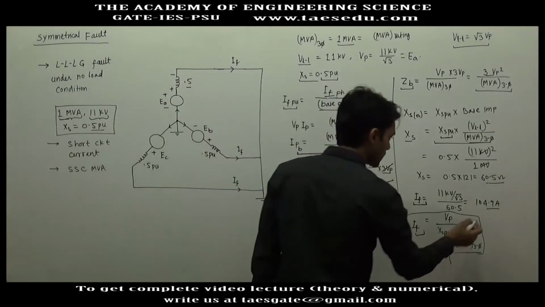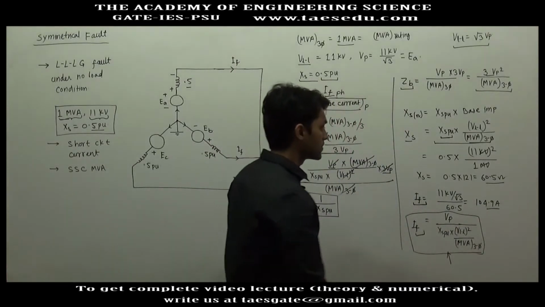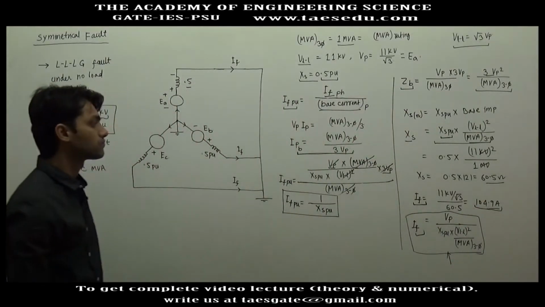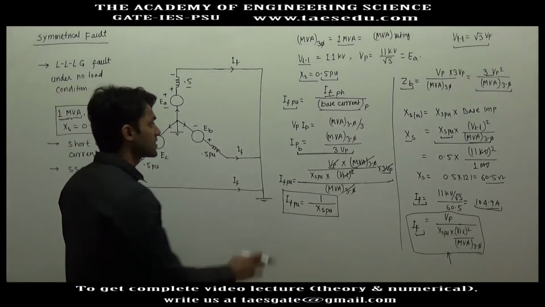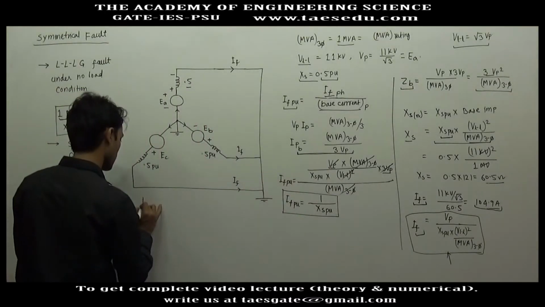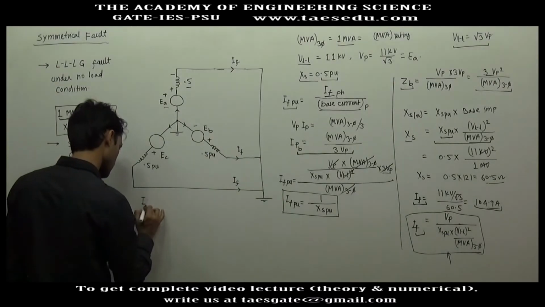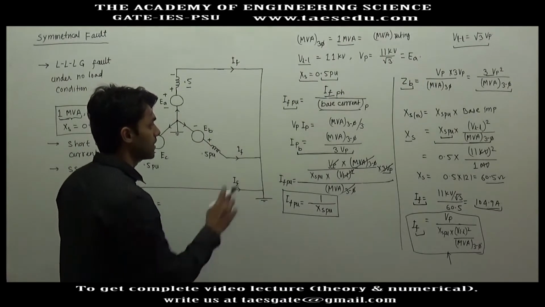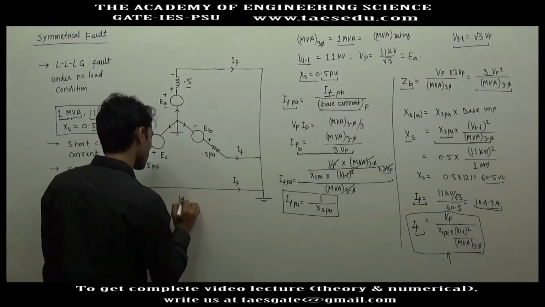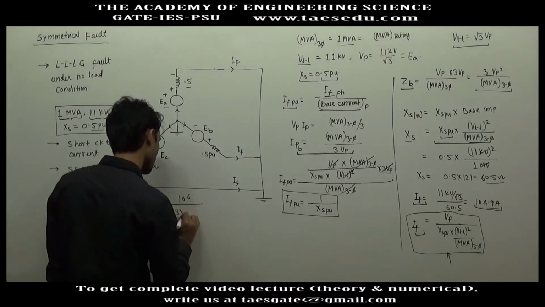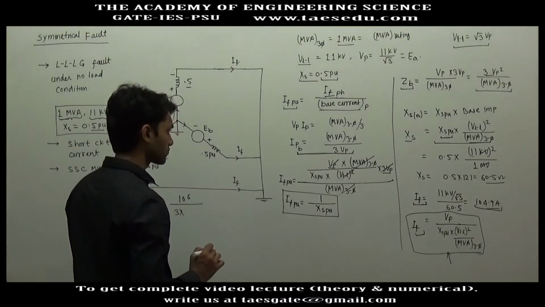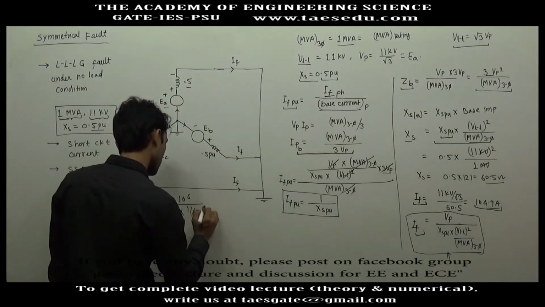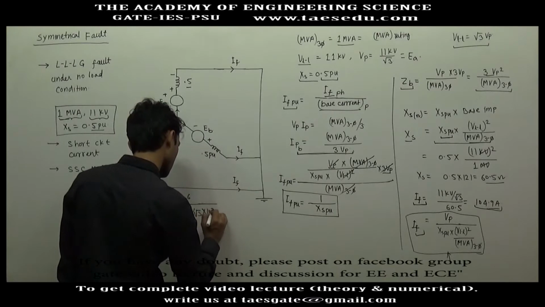You can also calculate numerically. This is the actual value of fault current, and what is the base value of phase current? The base value of phase current will be MVA 3 phase, that means 10 to power 6 divided by 3 into phase voltage, which is 11 divided by root 3 kilovolt, means 10 to power 3.